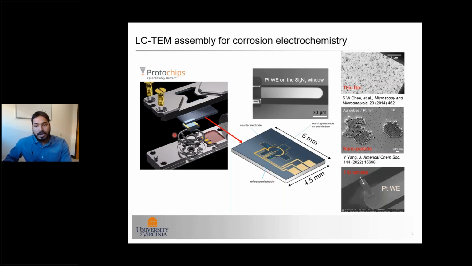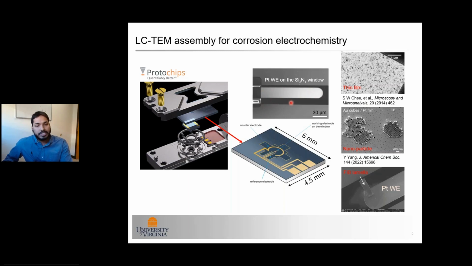So how do we do corrosion studies in Liquid-Cell TEM? This product is already introduced by Jenna and even the previous speaker. The most important part is this top chip, which has 3 electrodes, all made of platinum. Working electrode is printed on the silicon nitride window.